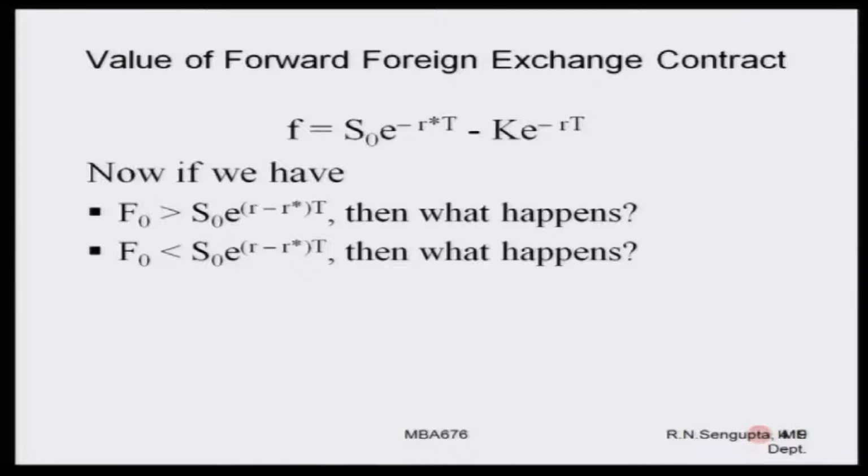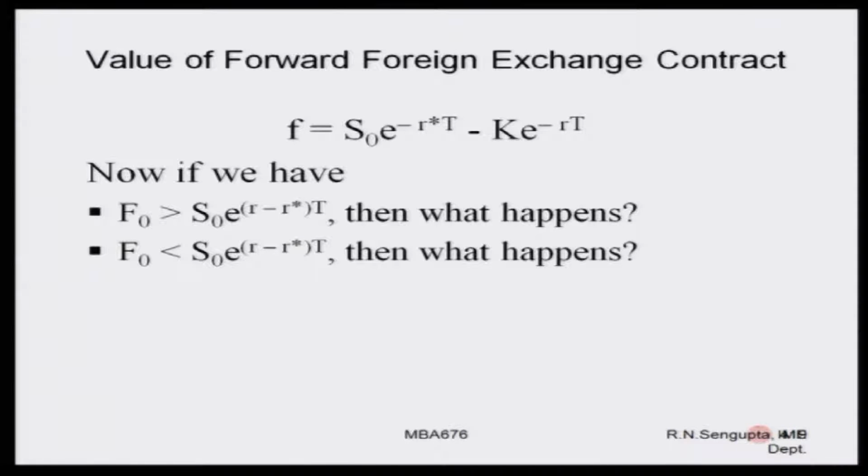Now, the value of the forward contract, small f: S0 is multiplied by a multiplicative term where R star is there, and K is multiplied by a multiplicative term where R is there. These are two risk free interest rates in two different currencies.